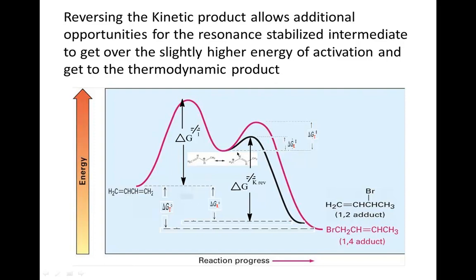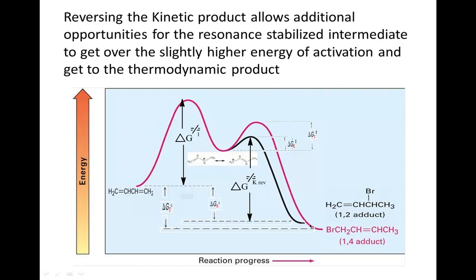The energy of activation for the second transition state depends on whether you're talking about this one or that one. So I've got two energies of activation for the second steps. But if everything went to this kinetic product, the 1,2 product, then you wouldn't see any of these other products except if resonance occurs.